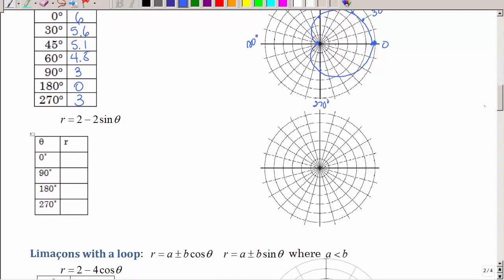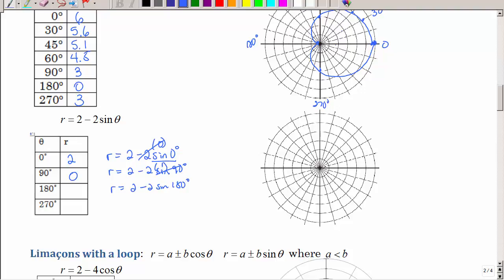Okay, so let's look at this one. Let's see if I don't have to use a calculator. Right, so it's good practice. So r equals 2 minus 2 times the sine of 0. Well, the sine of 0 is 0, so that would be 2. The sine of 90 is 1, so that's going to be 2 minus 2, which is 0.